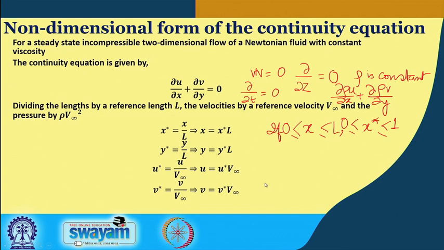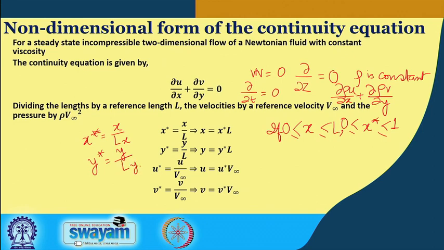So in this fashion, we can also define another y star, that is non-dimensional y, in terms of the same length. Now please understand that this characteristic length need not be the same in the x and the y direction. So I can also say, like for x star, I can put x by Lx, and for y star I can put y by Ly.